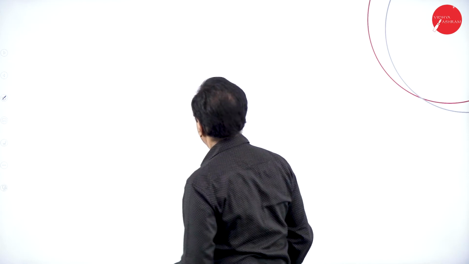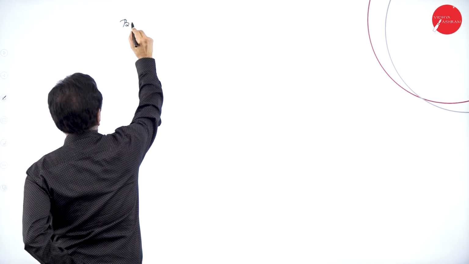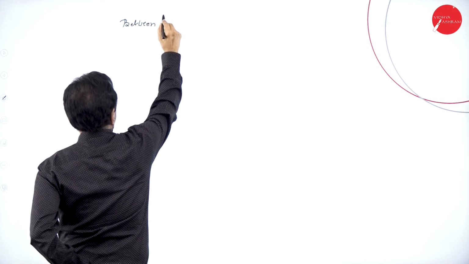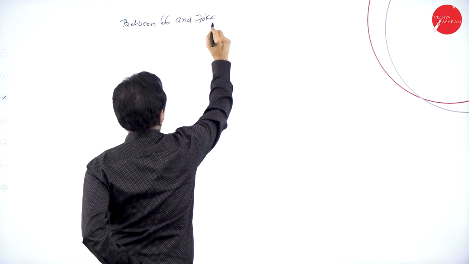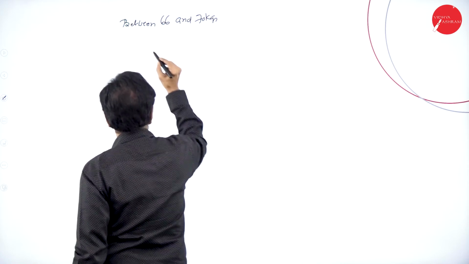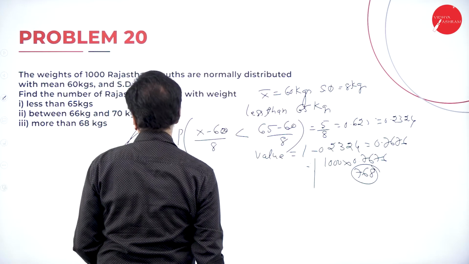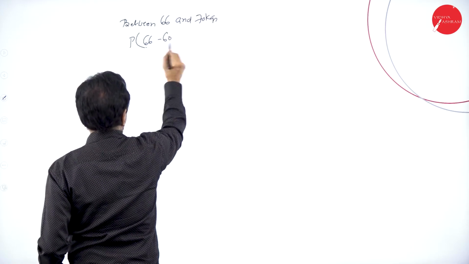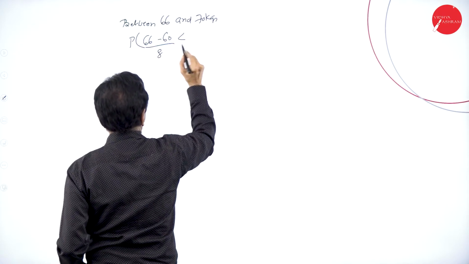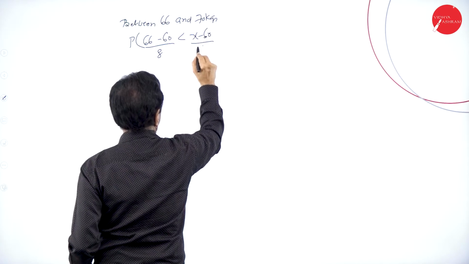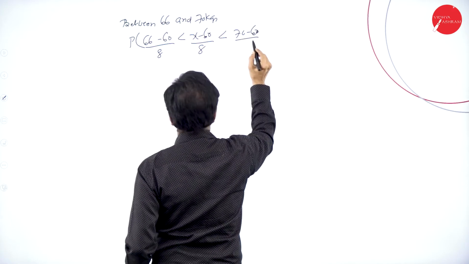Then between 66 and 70 kgs. So P of 66, what's your mean? 60, divided by standard deviation 8, less than X minus 60 divided by 8, less than 70 minus 60 divided by 8.